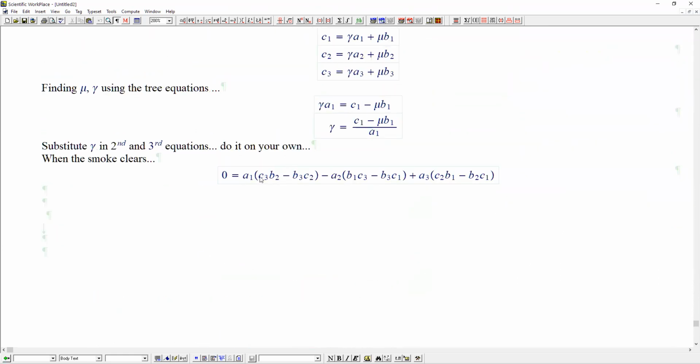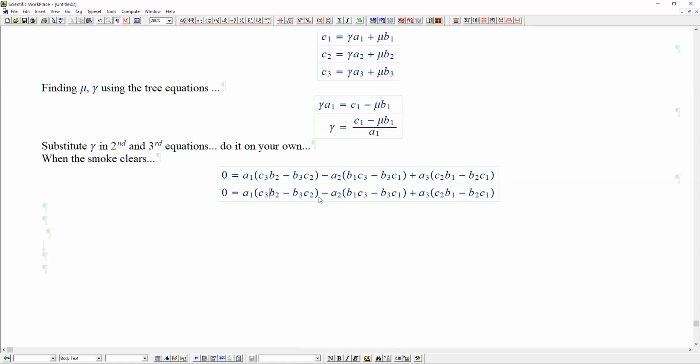So A1 times C3B2 minus B3C2, minus A2 times B1C3 minus B3C1, plus A3 times C2B1 minus B2C1. Does that look like something to you? C3B2 minus B3C2, does that look like something? Like the determinant?